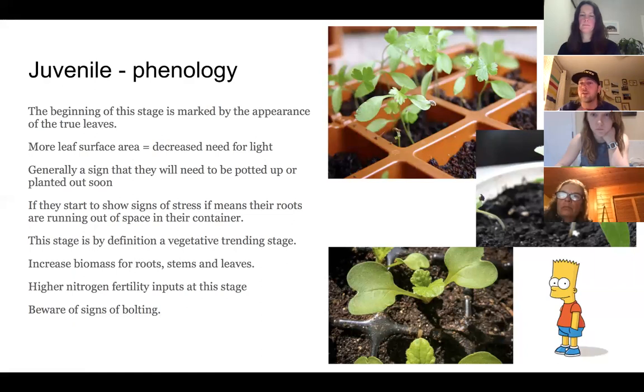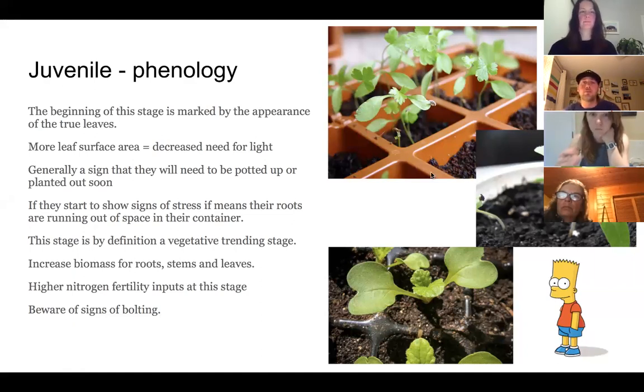So there's this marked difference between the false leaves and the true leaves. And then these little seedlings up here, this is cilantro. Again, I would call this maybe an oval-shaped cotyledon leaf. And then you can see the true leaf coming in here. That is also lobed, but the margins are serrated or more sharply toothed.